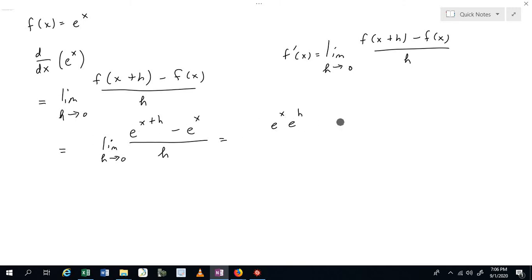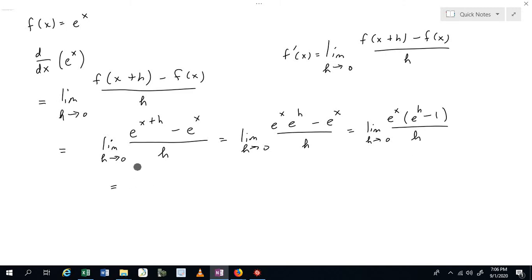So these are equal. Now the reason I'm writing it like that is because then you can factor the e to the x out on top. Okay, and you're left with e to the h minus 1 after you factor out e to the x, and then that's divided by h, and then we're going to find the limit as h goes to 0 of that.